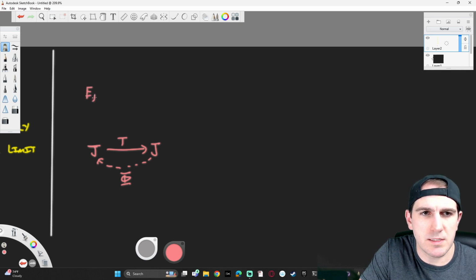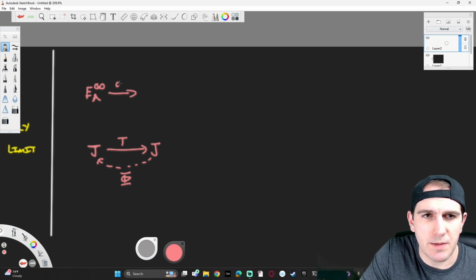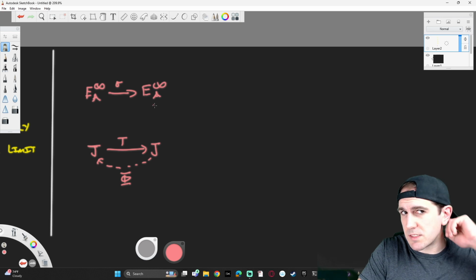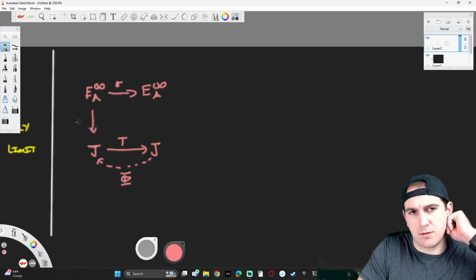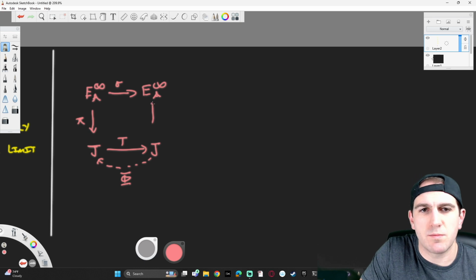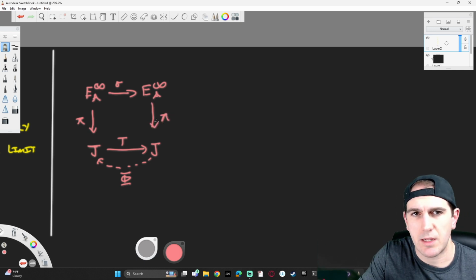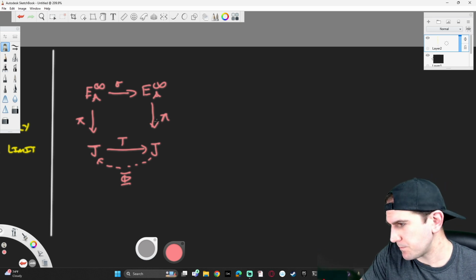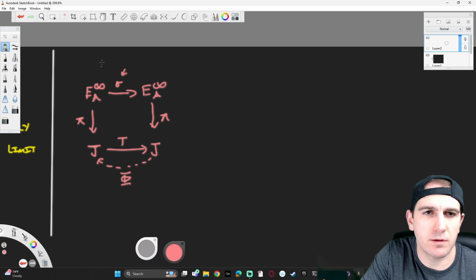I'll denote that as E to the A infinity. And in symbolic dynamics, you have a shift map. How the symbolic representation relates to the limit set is that you can project a symbolic representation down onto the limit set in order to realize a point in the limit set. So this is the shift map.